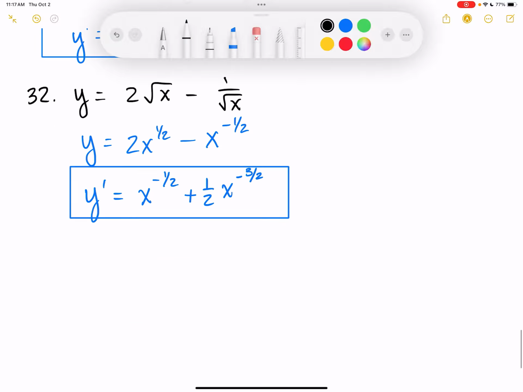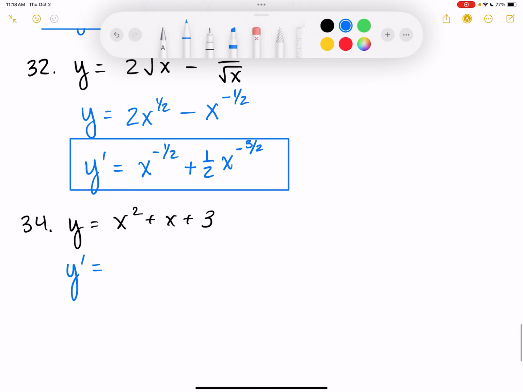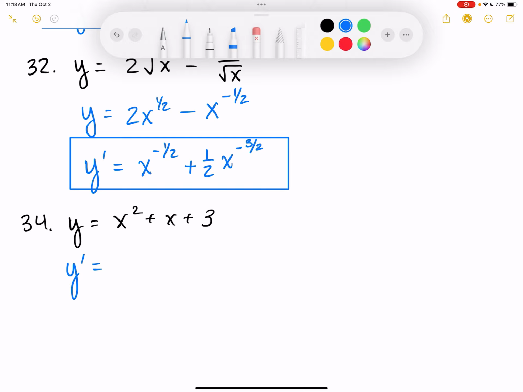So 34 is y equals x squared plus x plus 3. So the first derivative, obviously, we've just been writing as y prime. So the first derivative of this would be what? 2x plus 1. Yep, 2x plus 1.